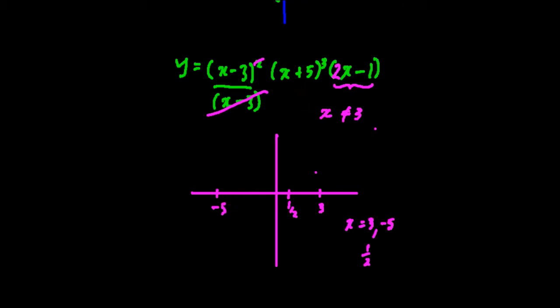So remember, I'm only concerned about the odd powers. This is an odd power because it's power of 1, and that's also an odd power because it's power of 1. So basically, I'm going to draw straight lines that look like this at those 3 points.